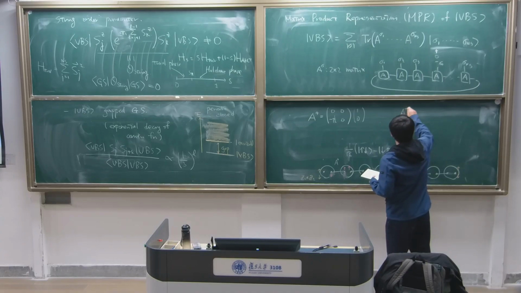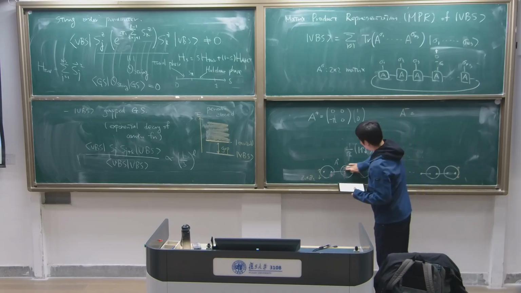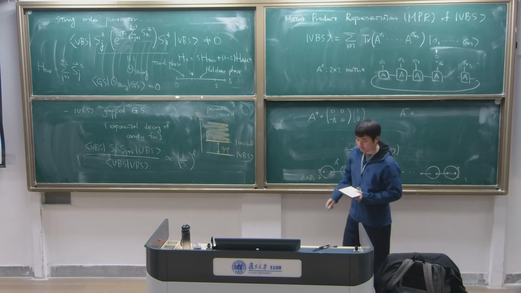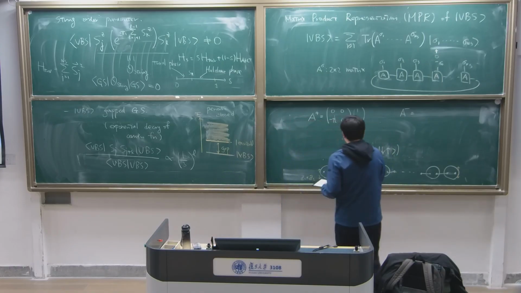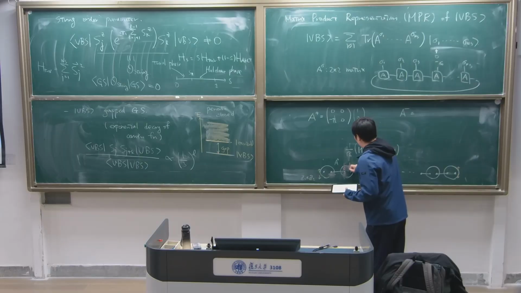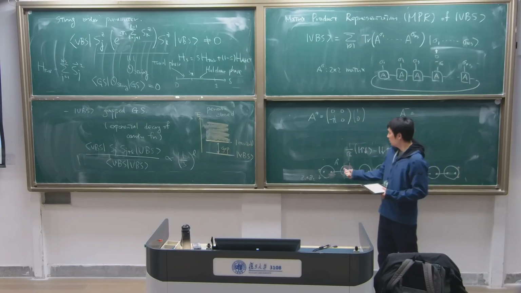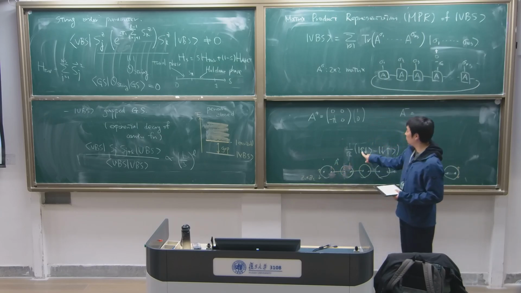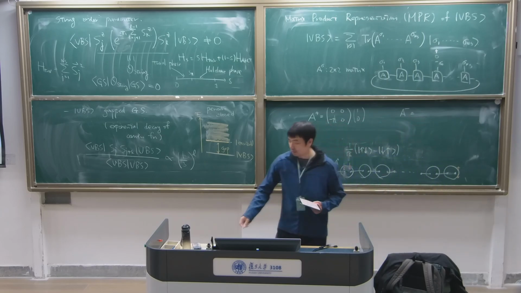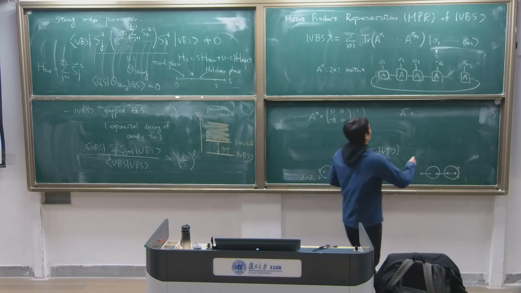Likewise, if you have minus, you only have spin minus, spin down. So if you go to here, it should be spin up, and the factor is 1 over square root 2.